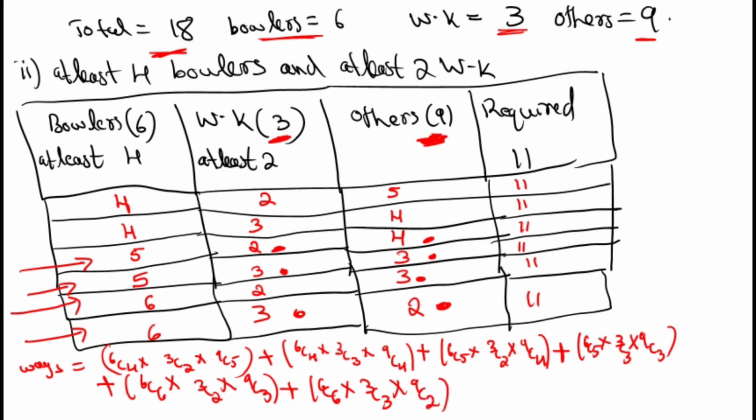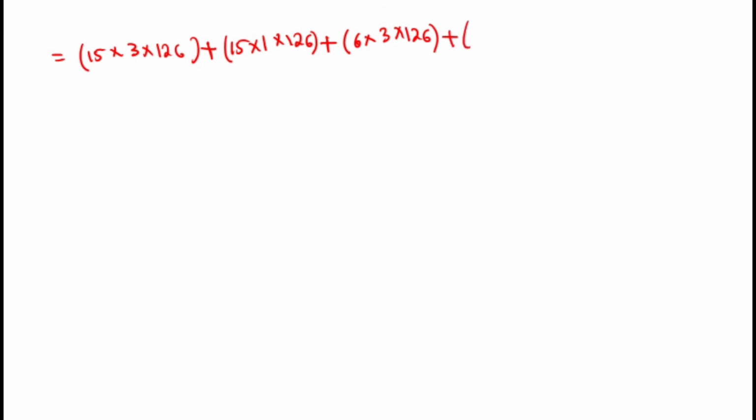In the next step, simplify this one. It's equal to, first one, 15 into 3 into 126, plus second one, 15 into 1 into 126, plus third one 6 into 3 into 126, plus fourth one 6 into 1 into 84, plus fifth one 1 into 3 into 84, plus last one 1 into 1 into 36.